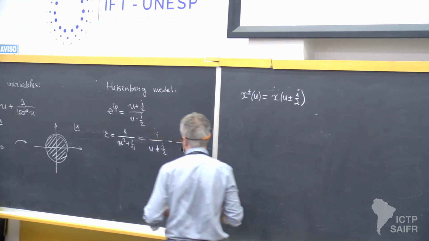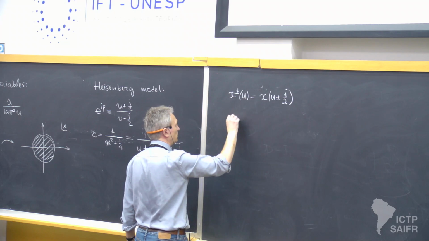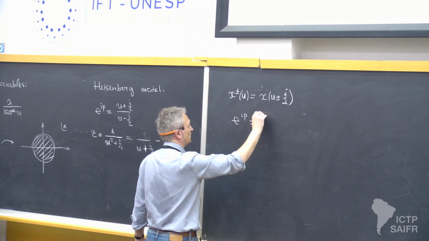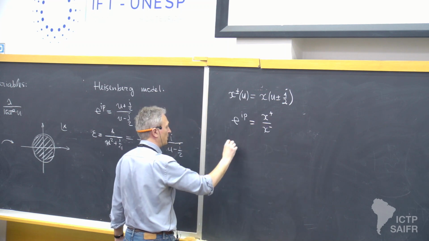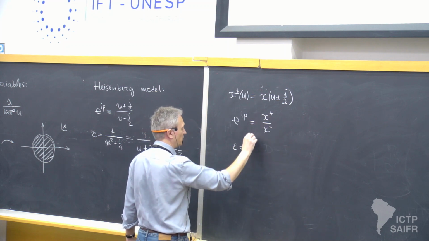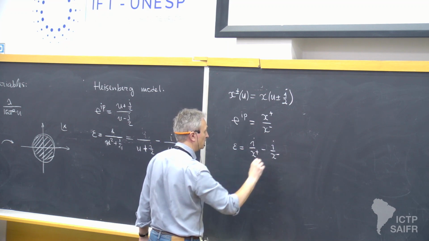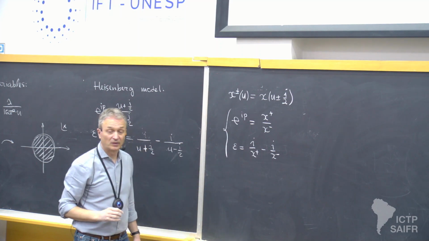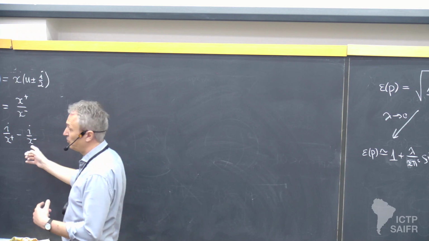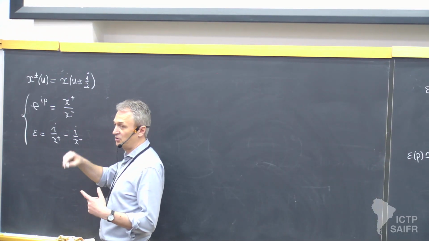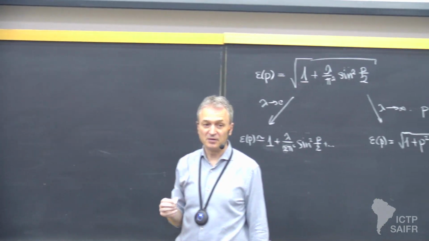And then the claim is that the formulas remain the same: e to the i p is x plus divided by x minus, and the energy is i over x plus minus i over x minus. I claim that if you solve these equations, so if you exclude u from these equations, you will get this square root type dispersion relation with the sine of p over 2.